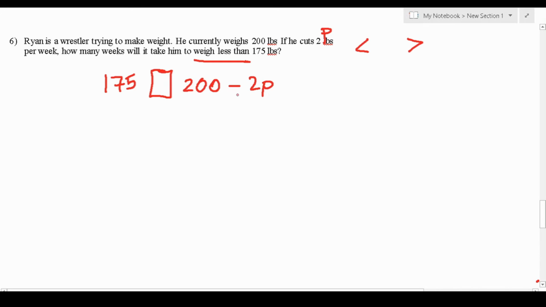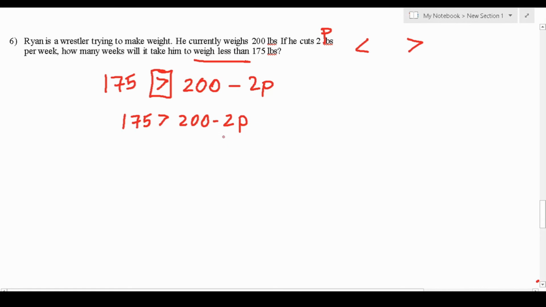Again, this represents his weight that he's cutting, and he wants this to be less than 175 pounds. Okay? So with those two things done, let's go ahead and solve this. Again, let's just rewrite it without that box there.